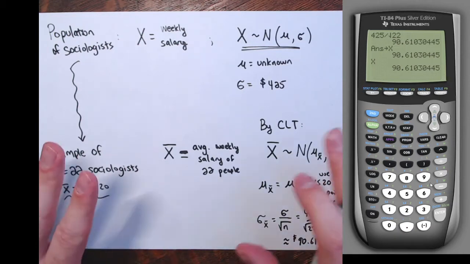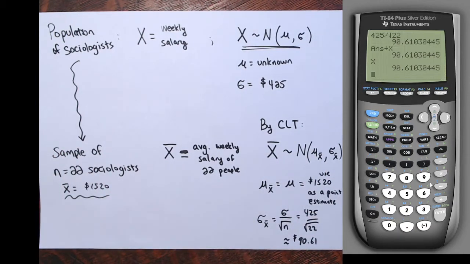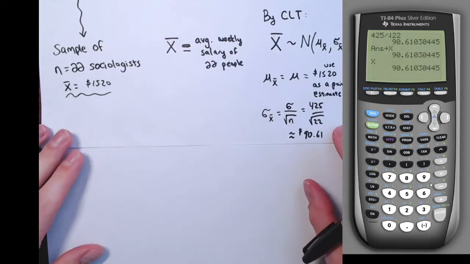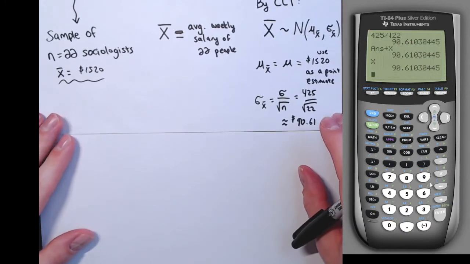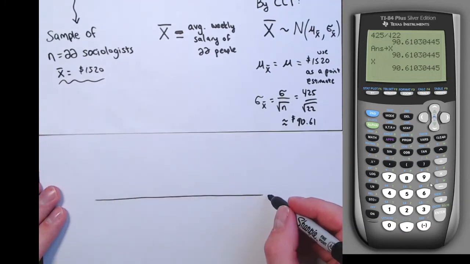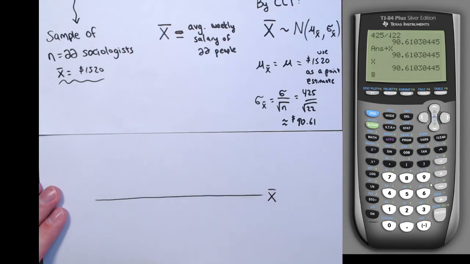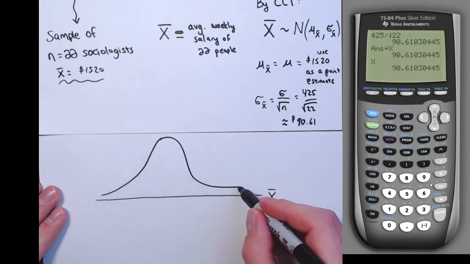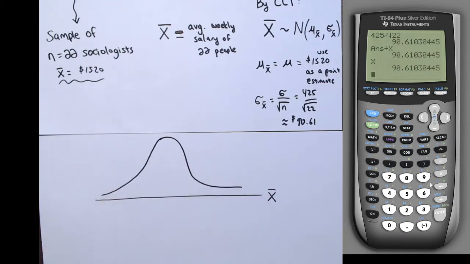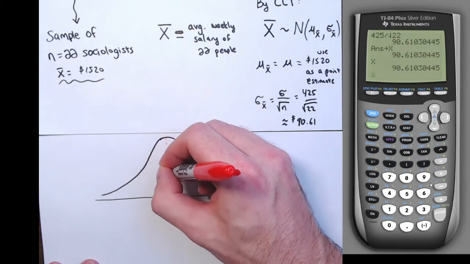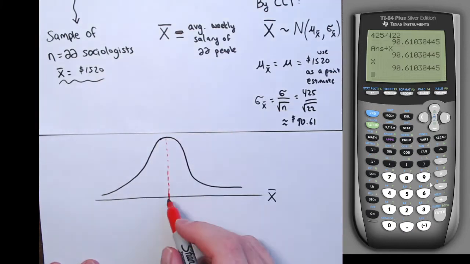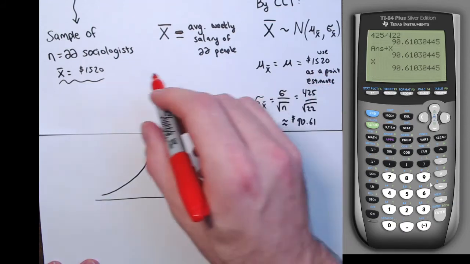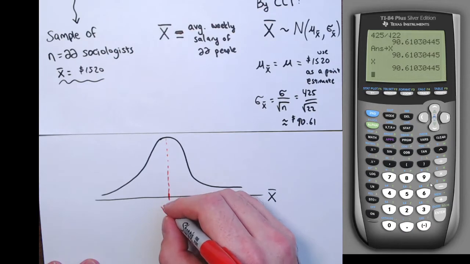Okay, and then I'll draw a picture of the distribution of the sample means here for samples of size 22. There's a number line with all possible values of x bars, and this distribution is normal, so we get a nice symmetrical bell shape. It's not very symmetrical, I apologize. Underneath the peak we have our population mean, mu, but we don't know what mu is. So again, we use our sample mean in the middle here, our point estimate, 1520.